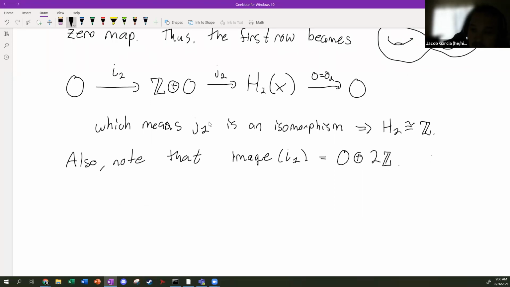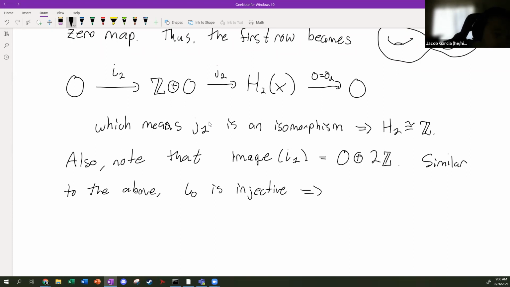Similar to the above, I0 is injective, which means that the first boundary map is the 0 map.